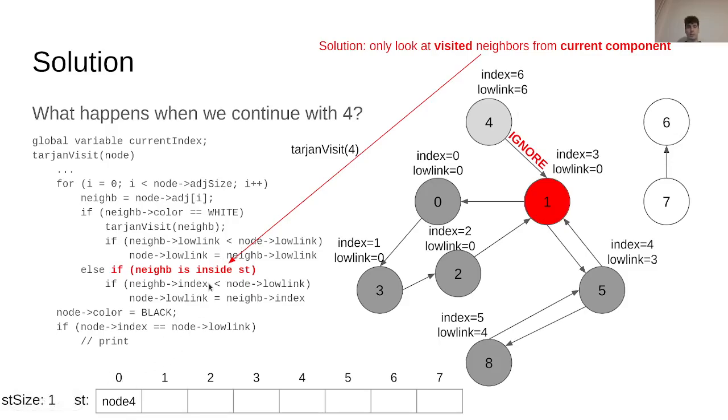So this will work. Only we need to add this condition. So if the color was white, we are sure it might be in the same component, but if the color is gray or black, it might be in a different component. We only care if it's on the same stack.